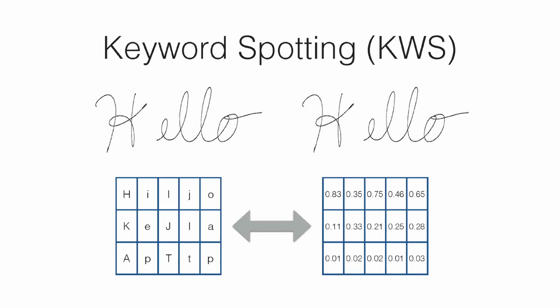But if you can actually store all the other letters, you will see that the word hello is still contained in there somewhere. And by looking at the probabilities here on the right, we can even compute the probability that this word that was originally identified as Hiljo actually means hello. And so what you do in the end is, because you have many, many different letters for every character, you also have very low probabilities.